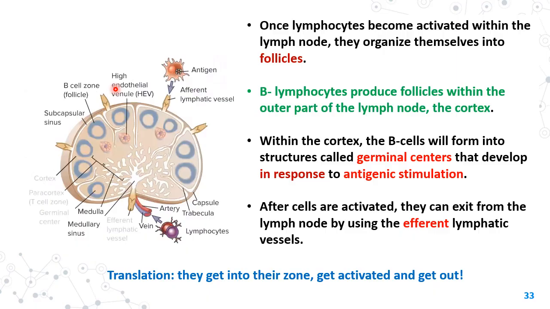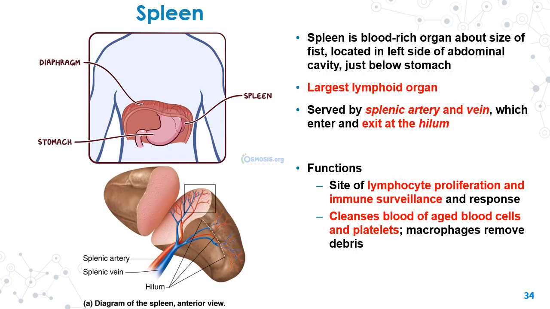So, translation for all this: the respective cells get to their zone and they get activated or not, but if they get activated, they have to get out of their zones and go circulate and find the trouble.